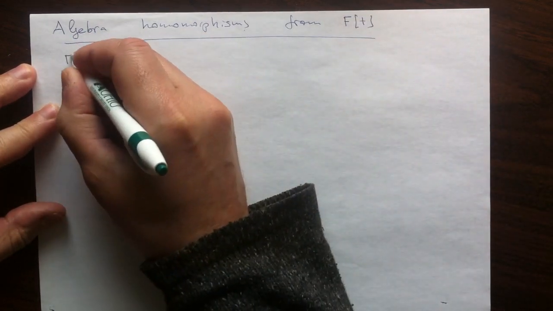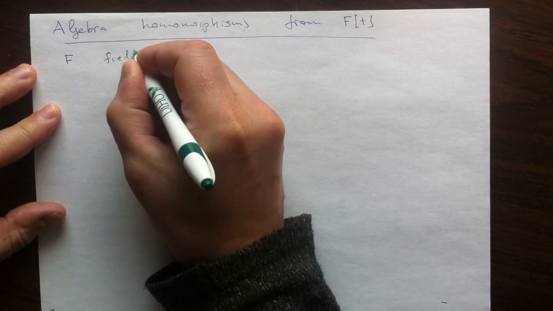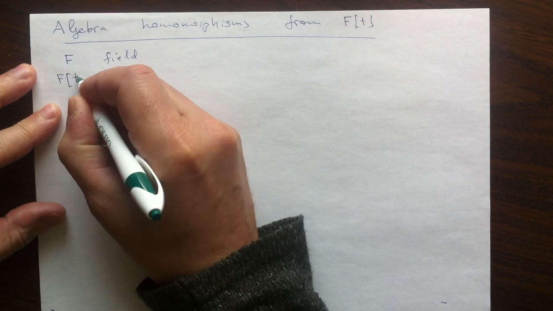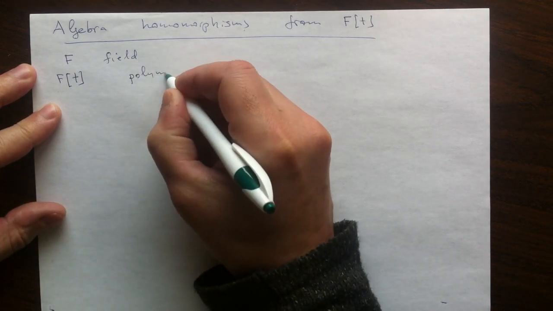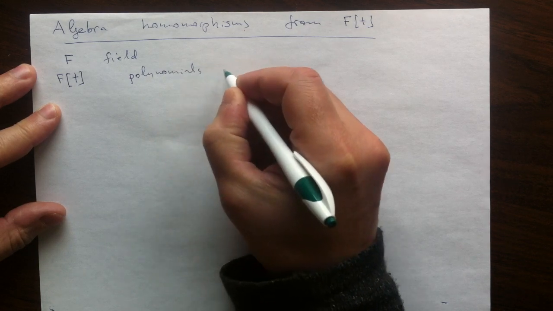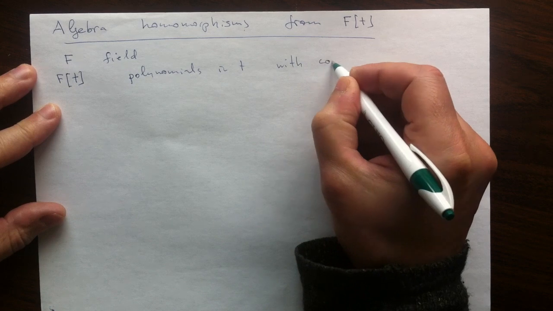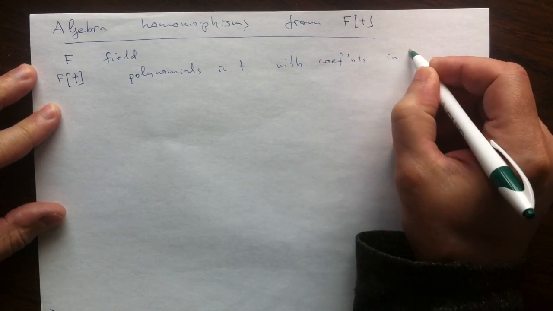So let's fix this basic field of coefficients, F. And let's look at a particular example of algebra, which is the algebra of polynomials in the variable t with coefficients in F.